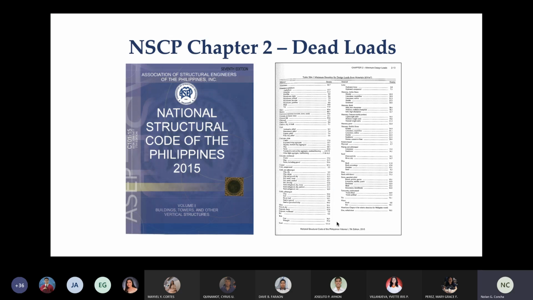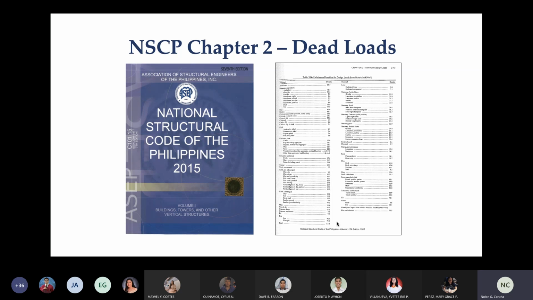In your NSCP, National Structural Code of the Philippines, there is a specific chapter, chapter 2, and you can see there the different dead loads of different materials. Pwede kayong kumuha doon ng mga values para doon sa pag-compute ninyo ng inyong mga dead loads later in your design courses.